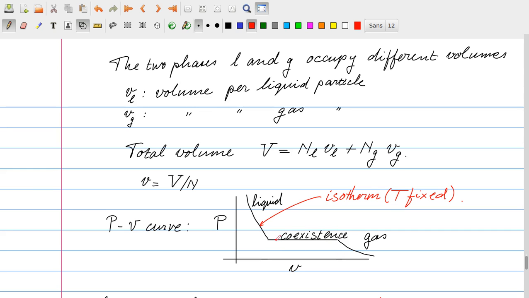So this is a region, called the coexistence region, where the average volume per particle can vary a lot, and it means that liquid and gas particles are coexisting in arbitrary proportions. So if we have a particular temperature, then once we hit the pressure precisely at this value, I have the phase transition and then I have coexistence.